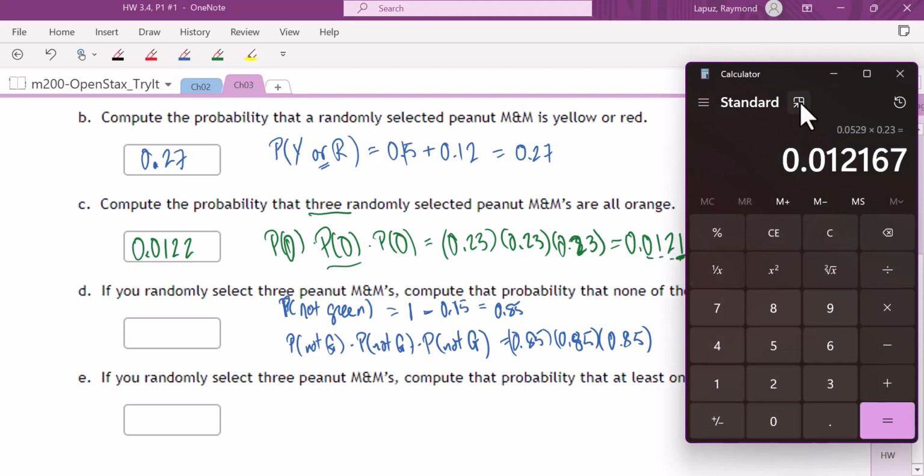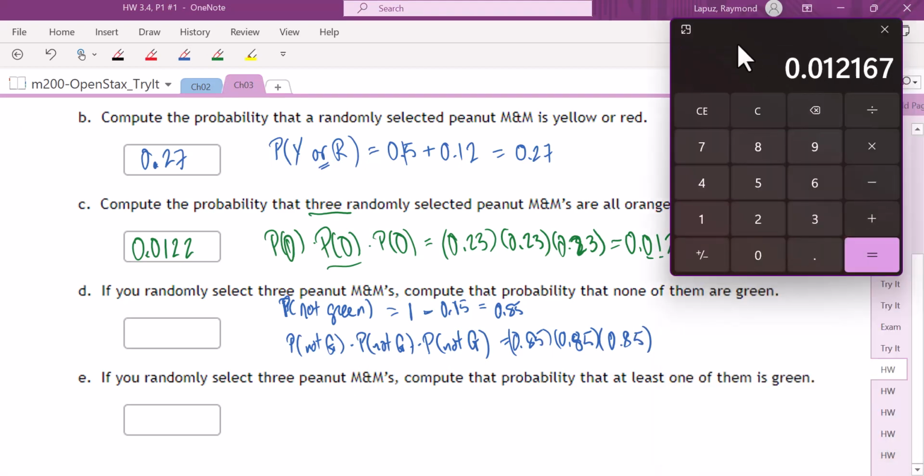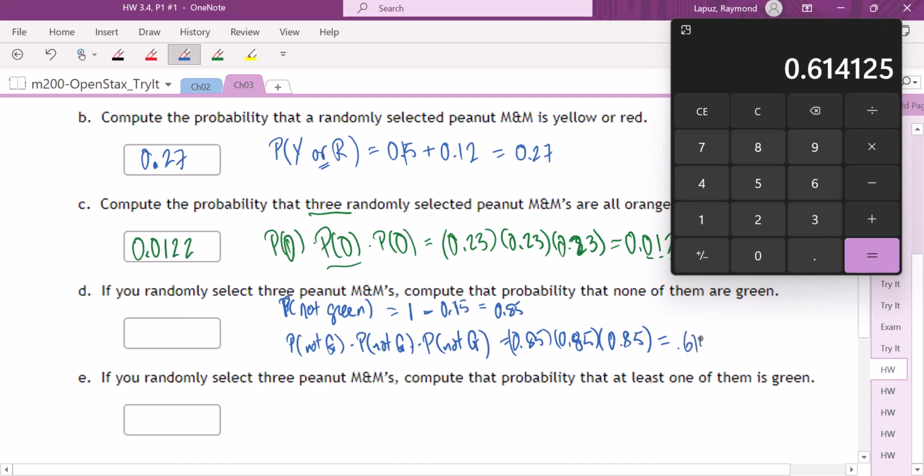We have our standard calculator here, but let's just leave it like this and go 0.85 times 0.85 times 0.85, and we're going to get 0.614125.